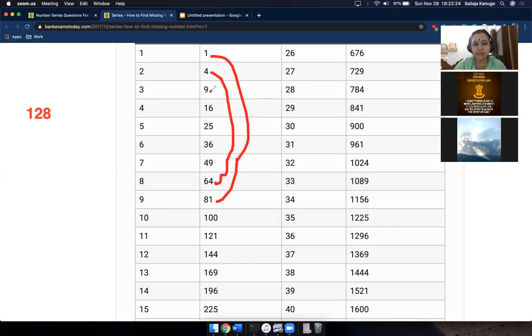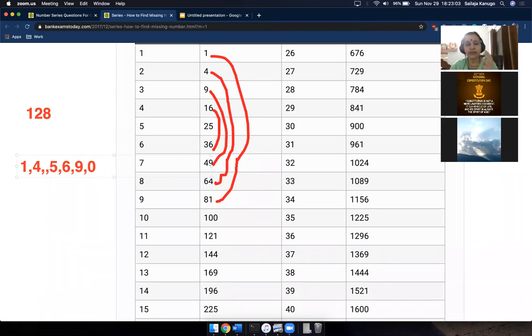Now 9 is repeating, 6 is repeating. So what do you understand here? We understand that the end digit, the units place digit, can be only 1, 4, 5, 6, 9 or 0. Did I miss any number?